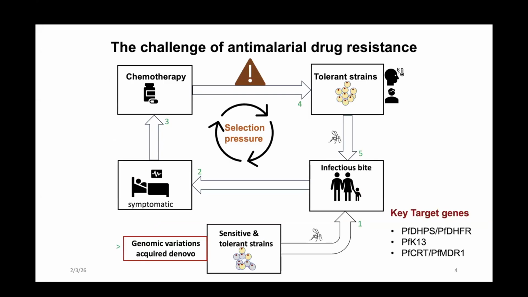But the challenge with these strategies, both chemoprevention and treatment, is the parasite's ability to develop resistance to these drugs. If you look at this schematic, if we start down here, in the overall parasite population, you'll find a parasite population that is very diverse at the genomic level, and in the whole population, there may be sensitive and tolerant parasite strains.